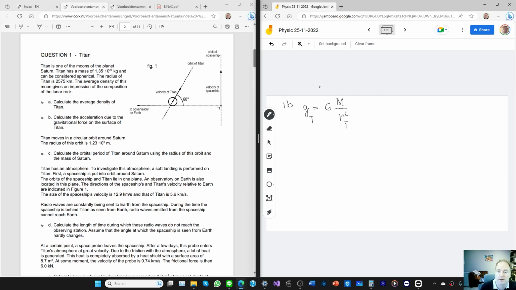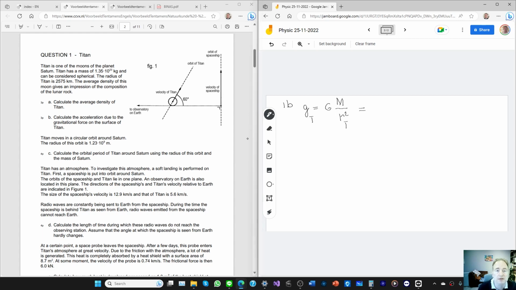If you have an object with mass m, this is just the gravitational force divided by m, which is the acceleration. So it's independent, as you all should know, of the mass of the object being accelerated.